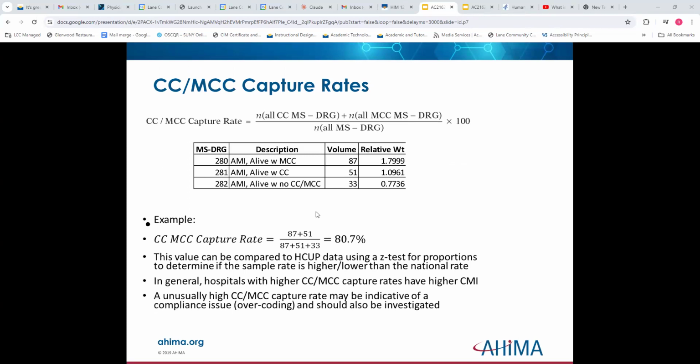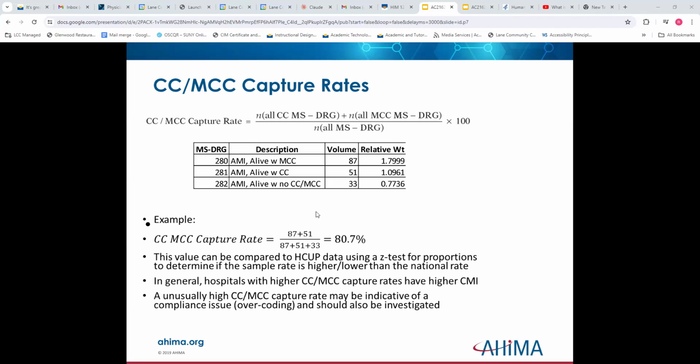So this is where the rubber meets the road, right? If we have the CC, MCC rate, we're taking the number of all these CC MSDRGs plus the number of MCC MSDRGs, divide by all MSDRGs, and we get a percentage, right?